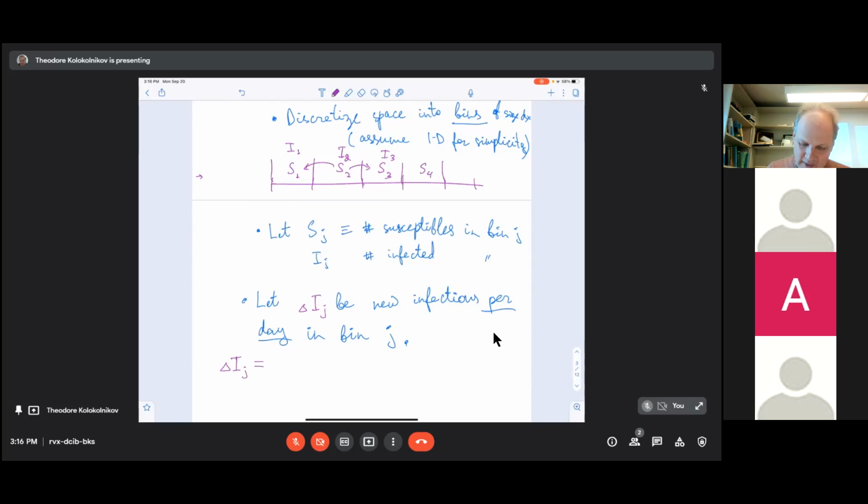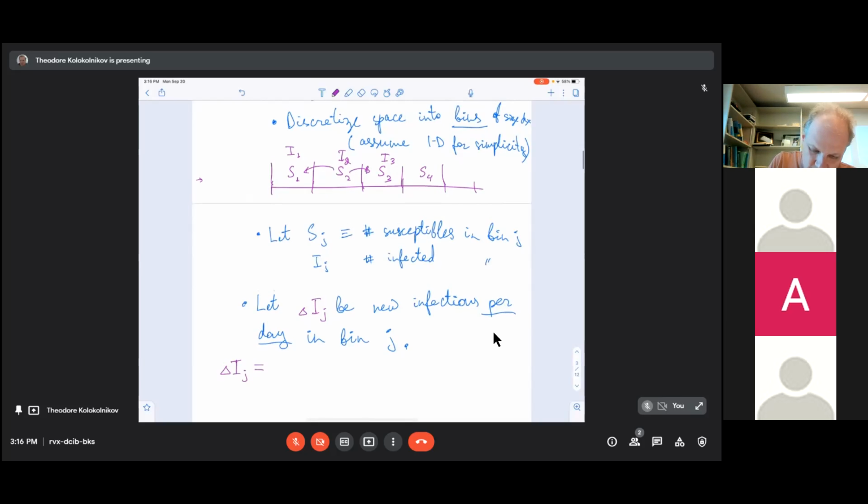What happens if we assume that everybody just travels to the adjacent bin? Furthermore, to simplify things, I'm going to assume that only susceptibles move, infected don't move. Later on, we'll talk about how to incorporate the movement of infected individuals, which we'll need to do. But for simplicity, let's just assume that only susceptibles move around.